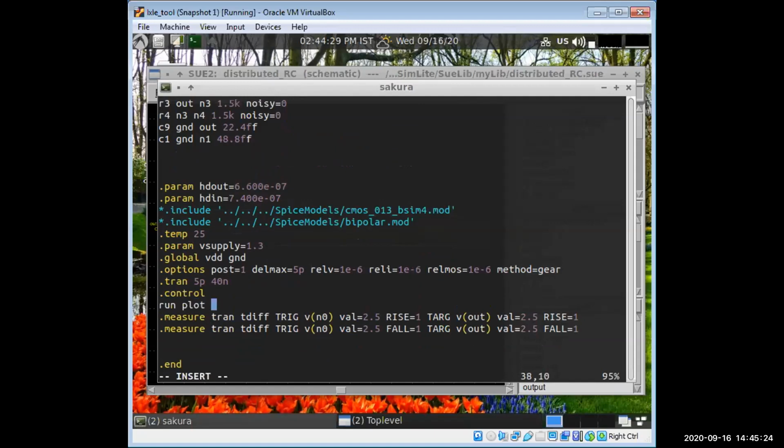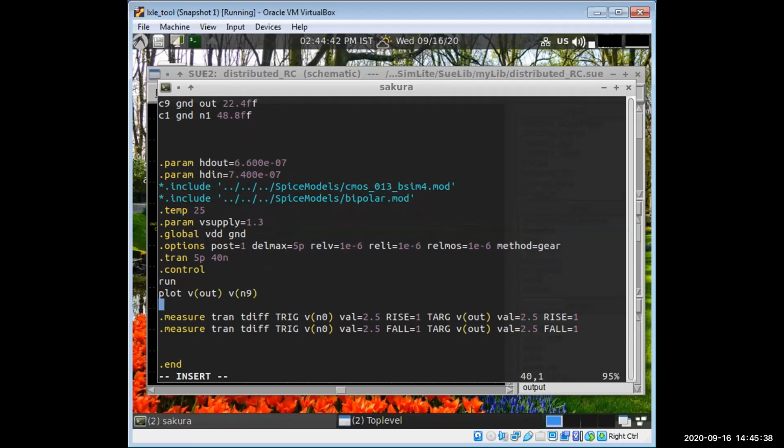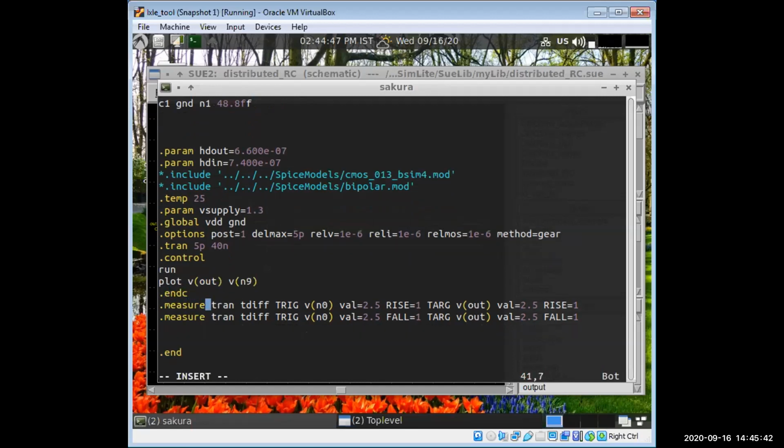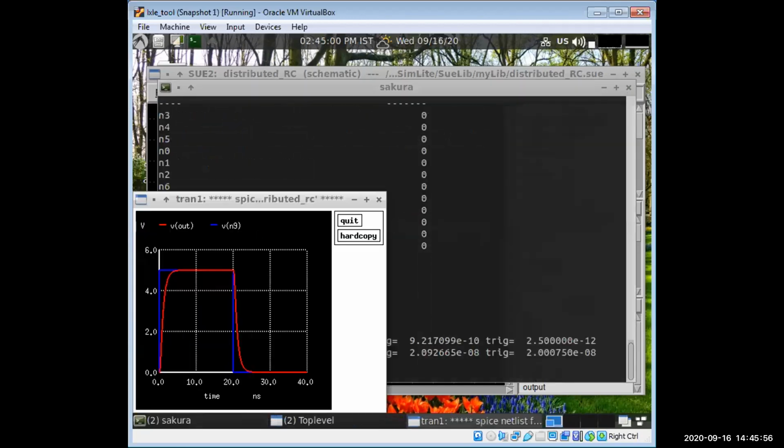Run, plot V out and VN9. Then .nc, and here also it will be N9 because the input is here. N9 out, rise to rise and fall to fall. .end. Now let's do the ngSpice simulation.